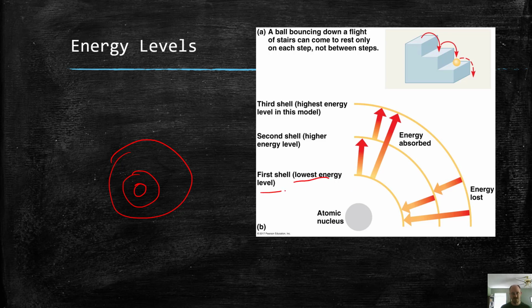So electrons have energy associated with them, and if they're way out here, they have a lot of energy. If they're way down here, they have less energy, and they can change energy levels. So if an electron absorbs energy, like sunlight energy in the case of an electron involved in photosynthesis, it will gain energy and change position, and maybe even gain so much energy that it's lost from the atom.